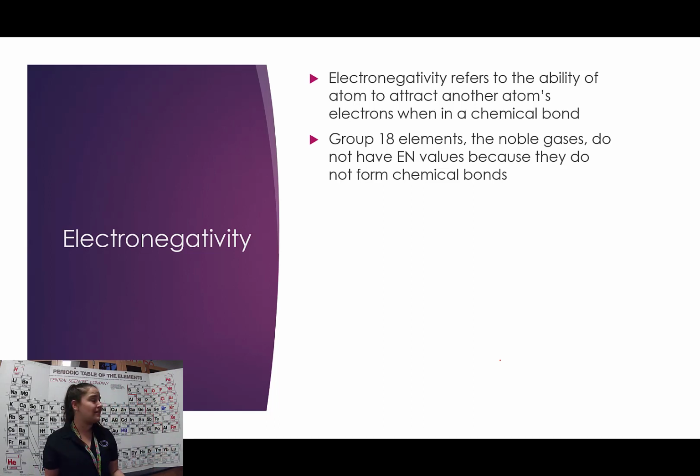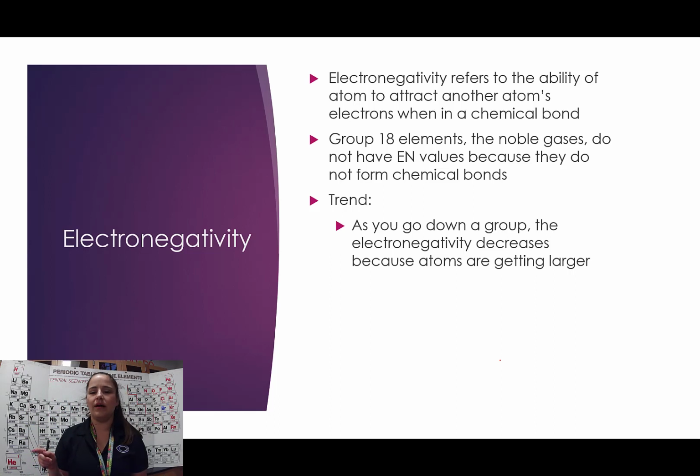Now, we are able to get them for krypton and xenon, who form some large compounds, but in general, group 18, not very reactive. So what about the trend, okay? Let's think about the trend as you go down a group. Well, as you go down a group, the electronegativity is going to decrease, okay?